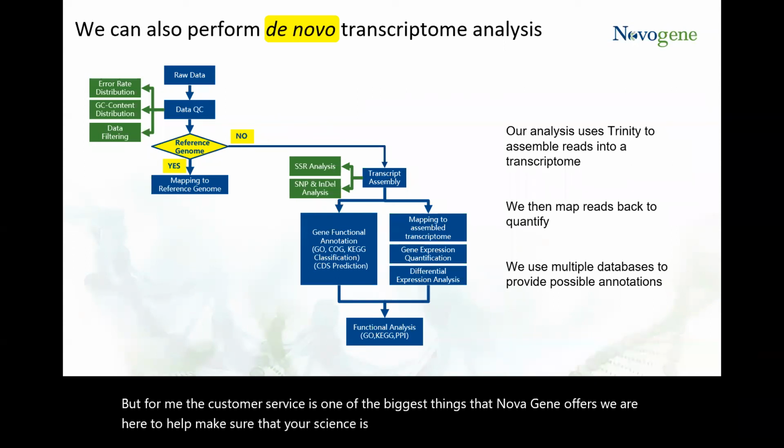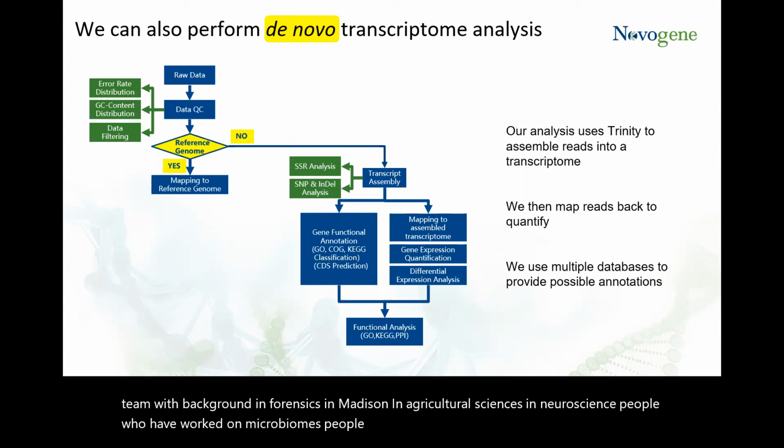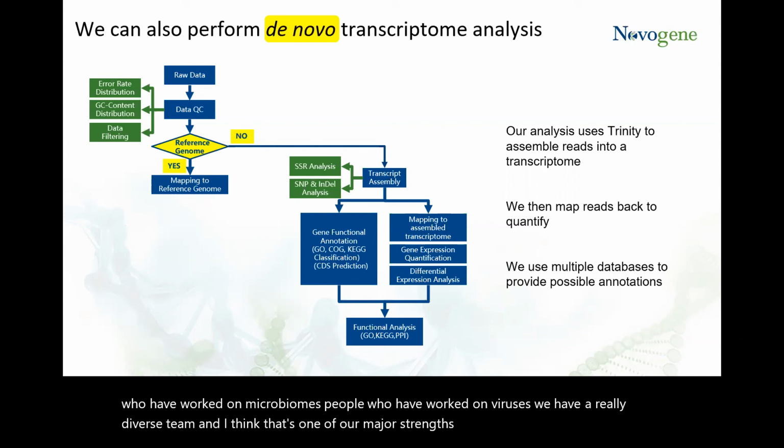And we have assembled a really excellent team with background in forensics, in medicine, in agricultural sciences, in neuroscience, people who have worked on microbiomes, people who have worked on viruses. We have a really diverse team. And I think that that's one of our major strengths and sets us ahead of some of our competitors.